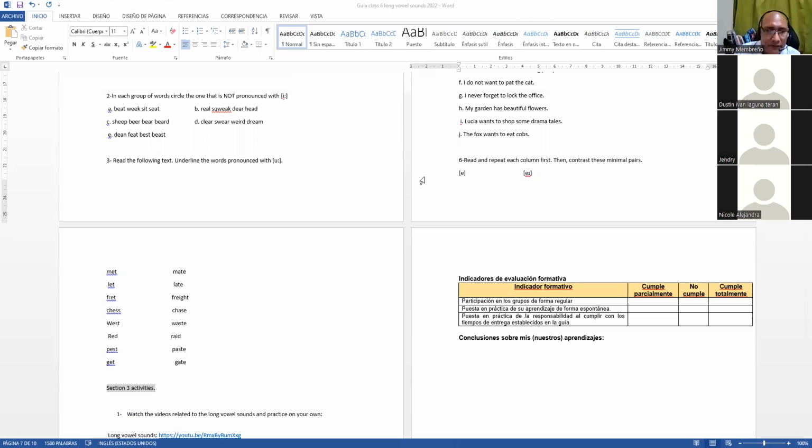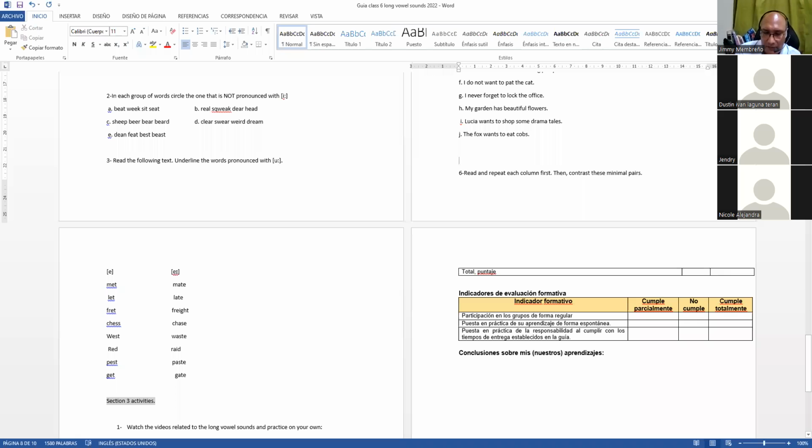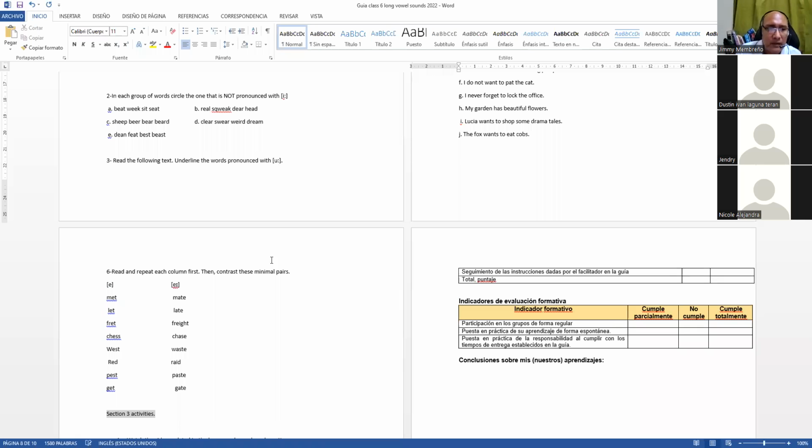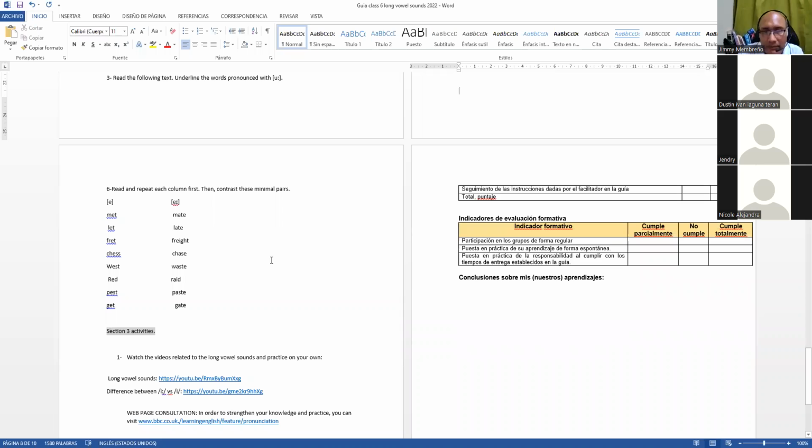Okay, minimal pairs. I'm going to make the difference between the pronunciation of E and A. So: met, mate, let, late, fret, freight, chess, chase, west, waste, red, raid, pest, paste, get, gate.